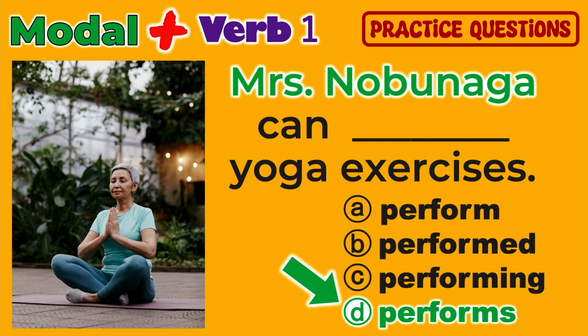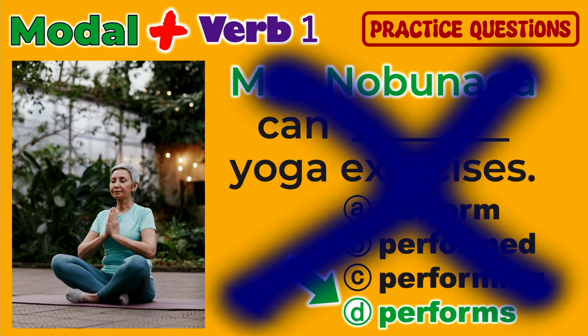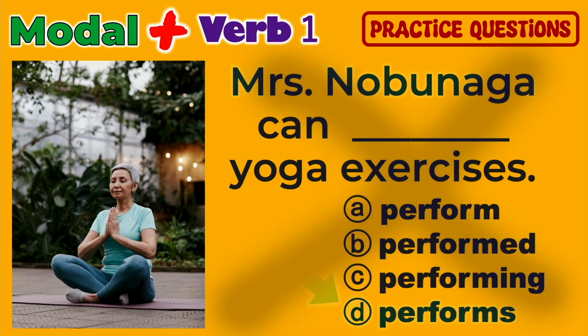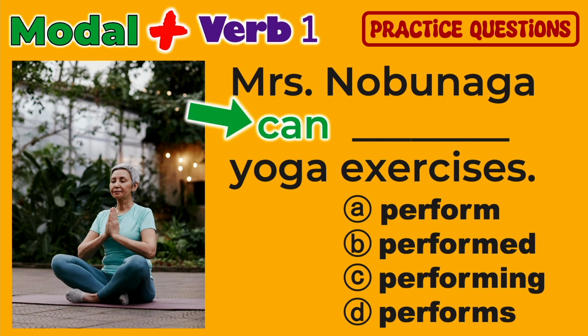Mrs. Nobunaga is the subject, but that's not what controls this sentence. The king of this sentence, the control of this sentence, is not from Mrs. Nobunaga. So, what controls the sentence? It's the smallest word there. It's the word can. This little, short, simple modal verb has more power than her name. It has more power than yoga. It has more power than exercises.